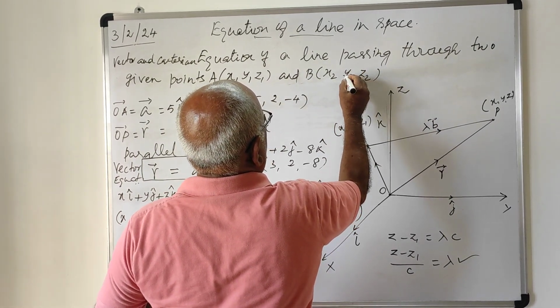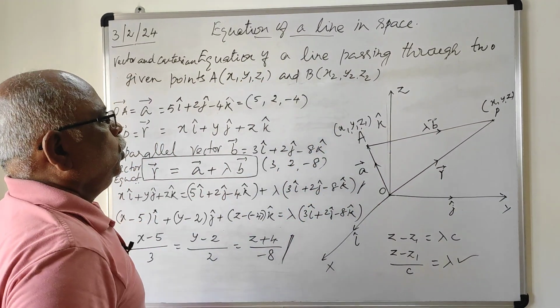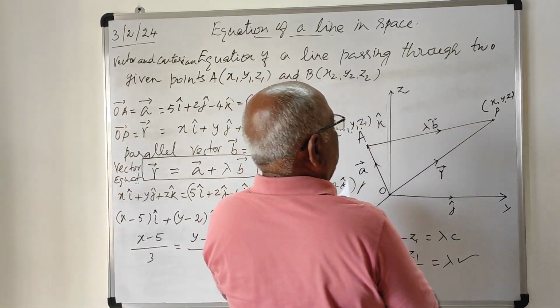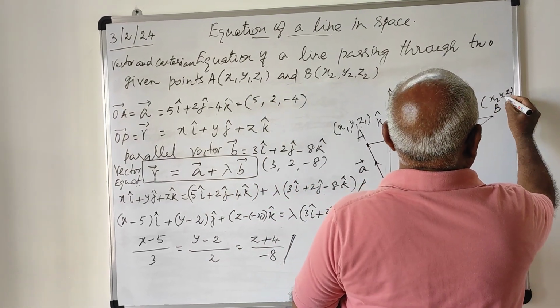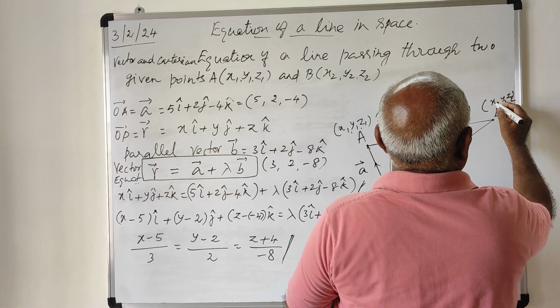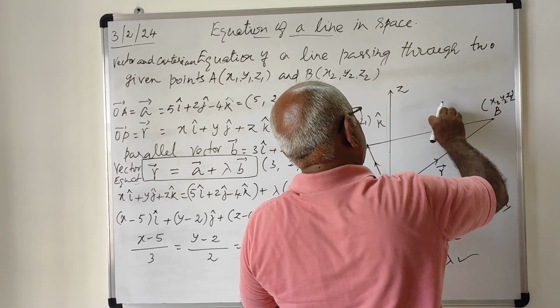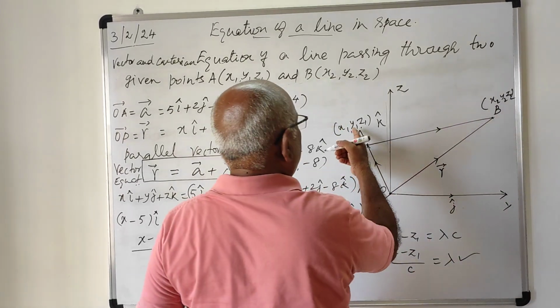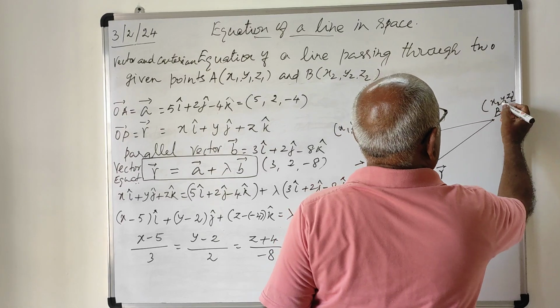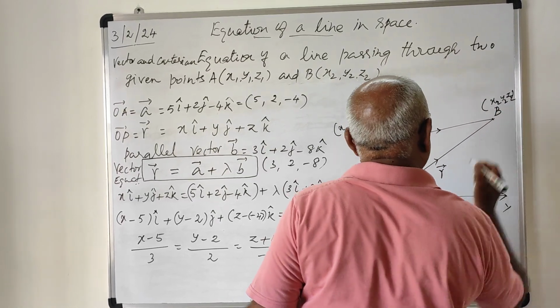So we have to find the vector and Cartesian equation of the line passing through A (x1, y1, z1) and B (x2, y2, z2), the line passing through the two given points.